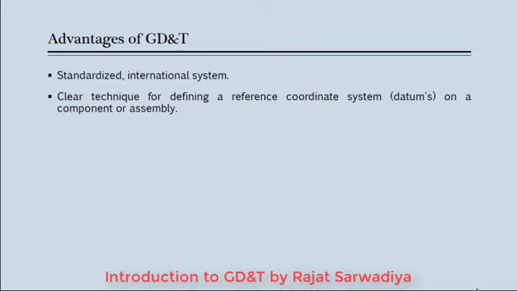Everything should be with respect to the same datum. Then and only then can you assure the quality of the product. The GD&T method is also more flexible as compared to the traditional dimensioning and tolerancing system.